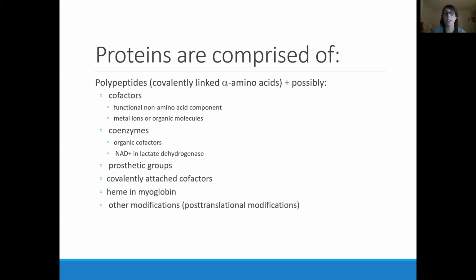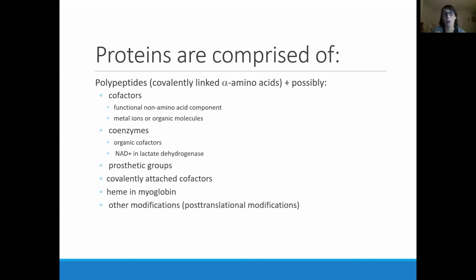There are also things called coenzymes. This is similarly any other functional component that is acting in relation to these polypeptides or proteins in its function. They are usually organic in nature. So they are any cofactor that is organic.